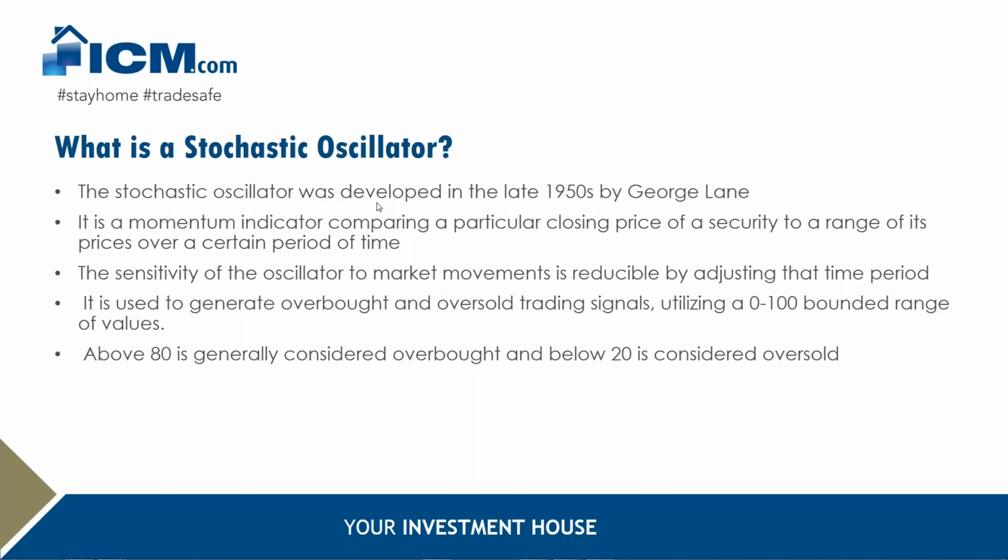In the same way, this oscillator gives you a range of generally 80% and 20%. 20% is called the oversold place, and 80% is overbought.